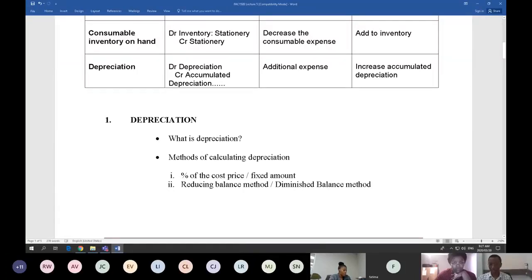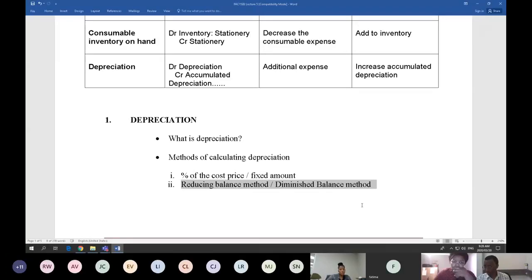The second method is called reducing balance method or diminishing balance method. With the reducing balance method or the diminishing balance method, you must first calculate what is the carrying value of the asset. Carrying value means cost minus accumulated depreciation.